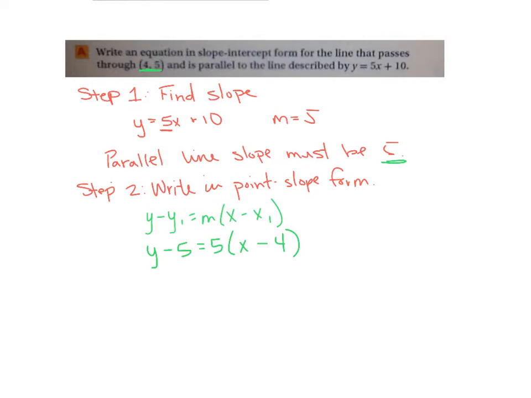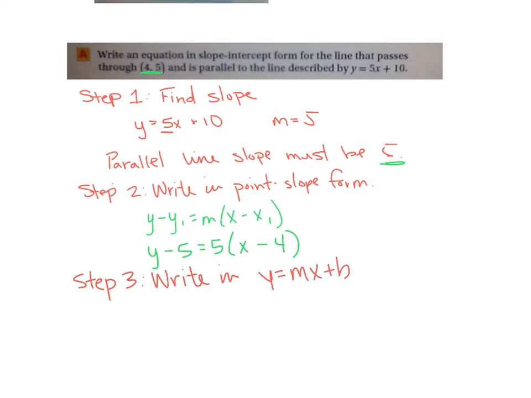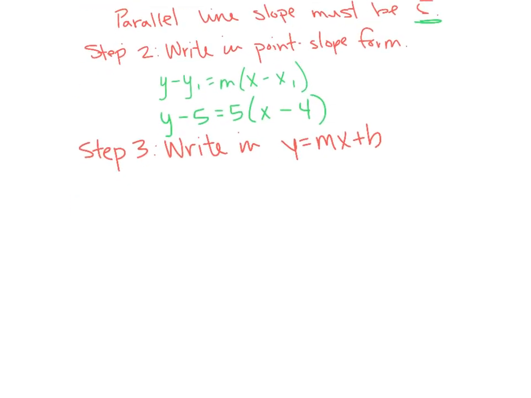Step 3 is we're going to take that equation now and write it in slope-intercept form, y equals mx plus b. So we're going to take y minus 5 equals 5 times the quantity x minus 4, and we're just going to solve for y.